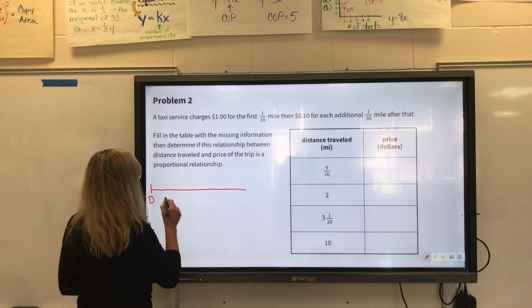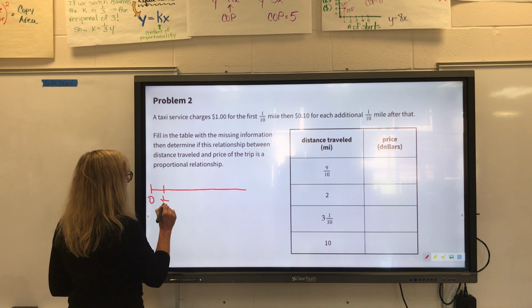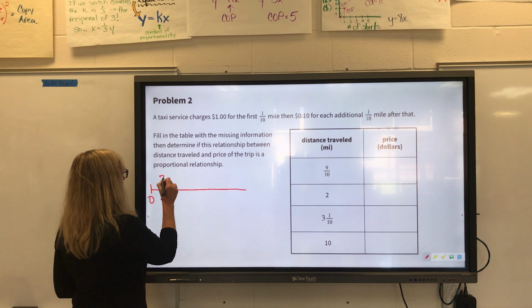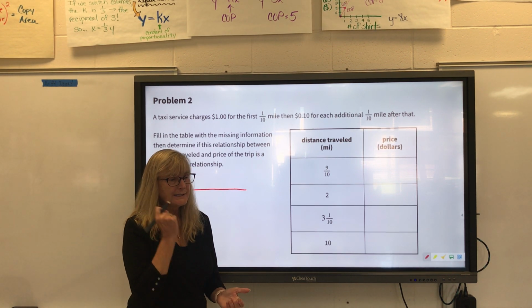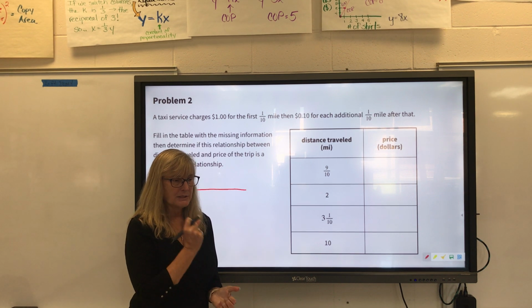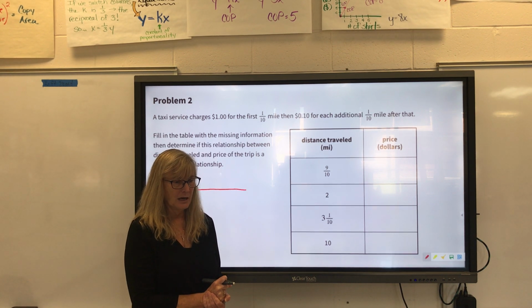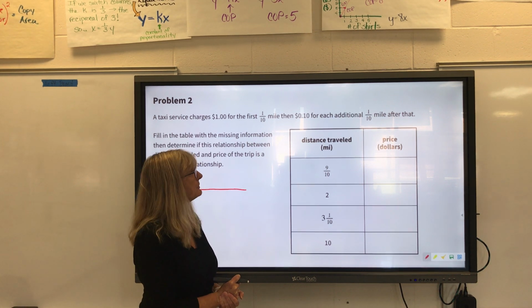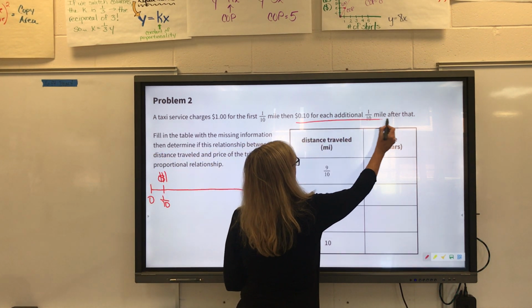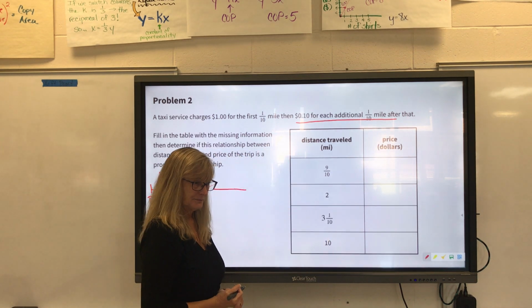The first 1/10 of a mile is going to cost me $1. Then every 1/10 of a mile after that, I get charged 10 cents.